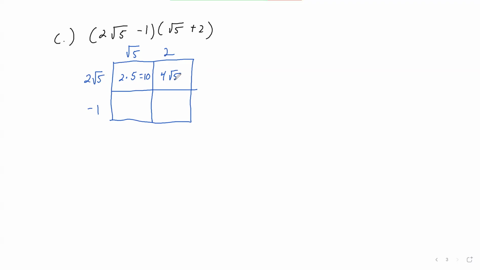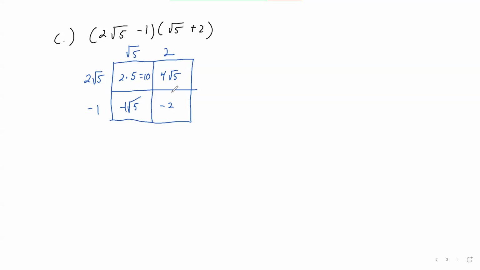So with all that said, what would negative 1 times square root of 5 be? Negative 1 square root of 5. In my pre-work, I'm going to write the 1 so that I know that I'm adding or subtracting a 1 to it. So negative 1 times 2 would give me, very good. So now I'm going to combine like terms.